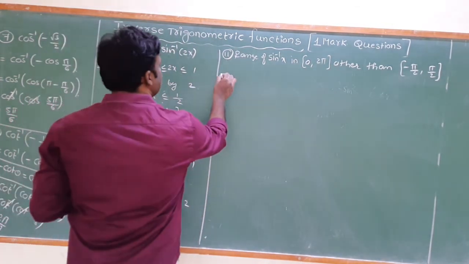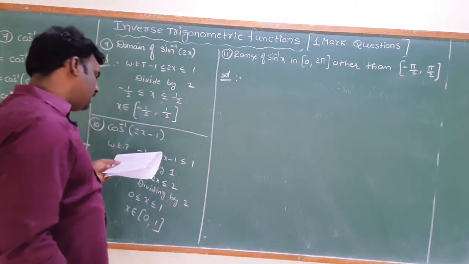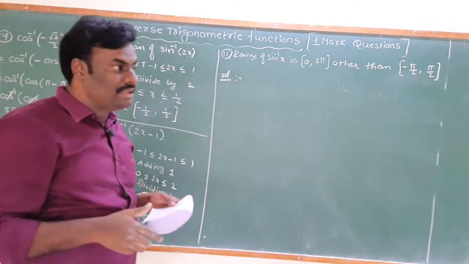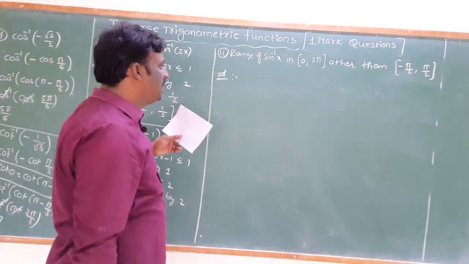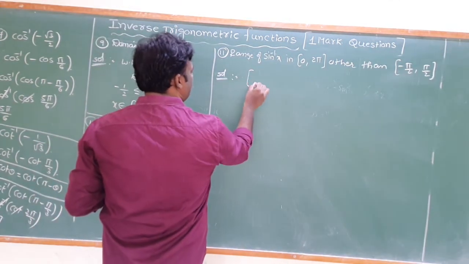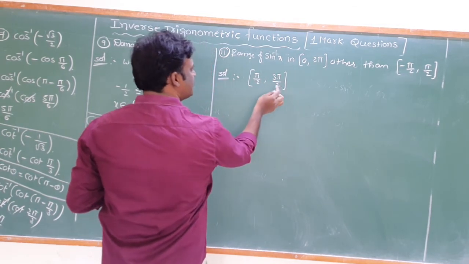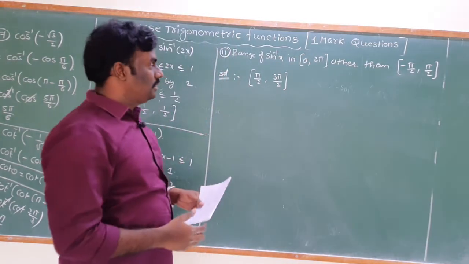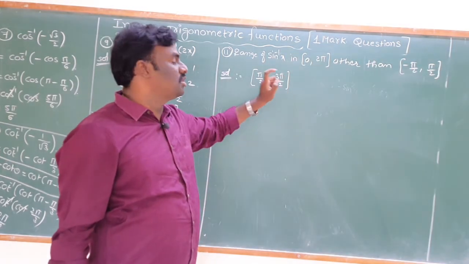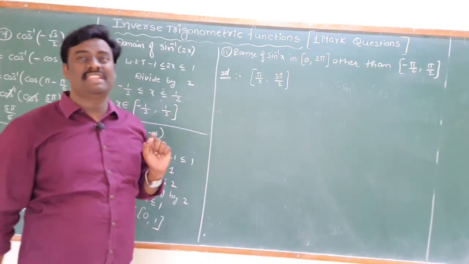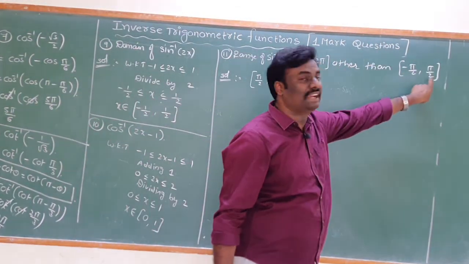The domain of sine inverse x is minus 1 to plus 1. Which values will give minus 1 to plus 1? I am taking pi by 2 and 3 pi by 2, because this is the interval. Pi by 2 means 90, sin 90 is 1; 3 pi by 2 means 270, sin 270 is minus 1. So this is also a range of sine inverse x other than the principal interval.